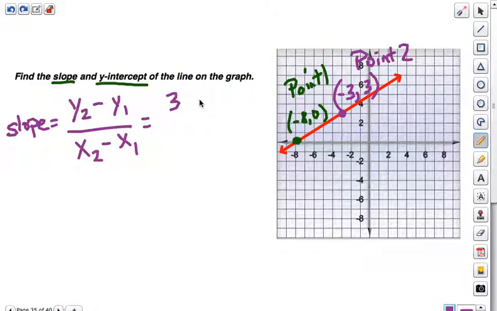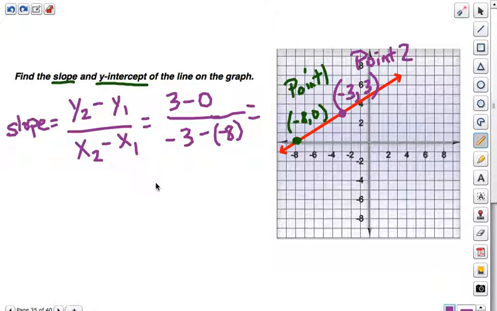So we have 3 minus 0, the y for point 1, over the x of point 2, which is -3, minus -8.